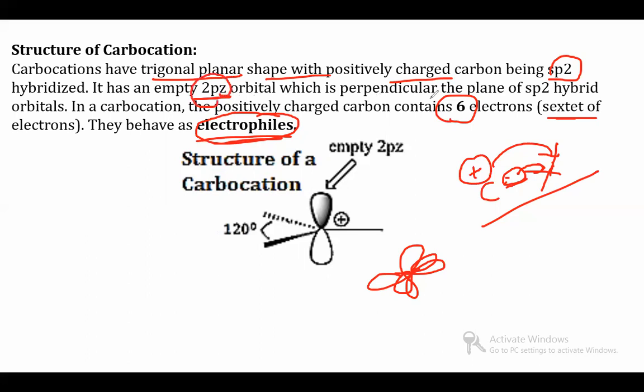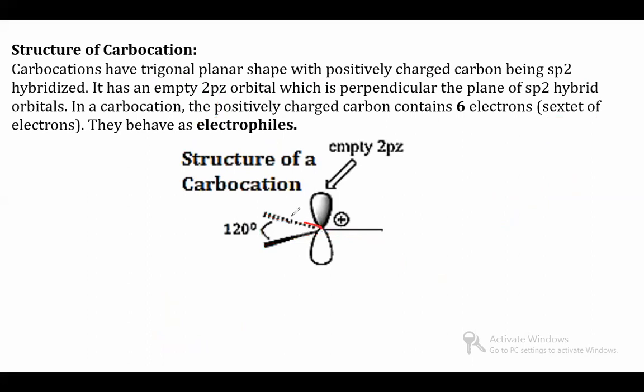So the 2pz is perpendicular to the plane of the sp2 hybrid orbitals. The pz orbital is perpendicular, and the rest of the two orbitals are in the plane. So this is in plane, here in plane, and the pz is perpendicular to the plane.